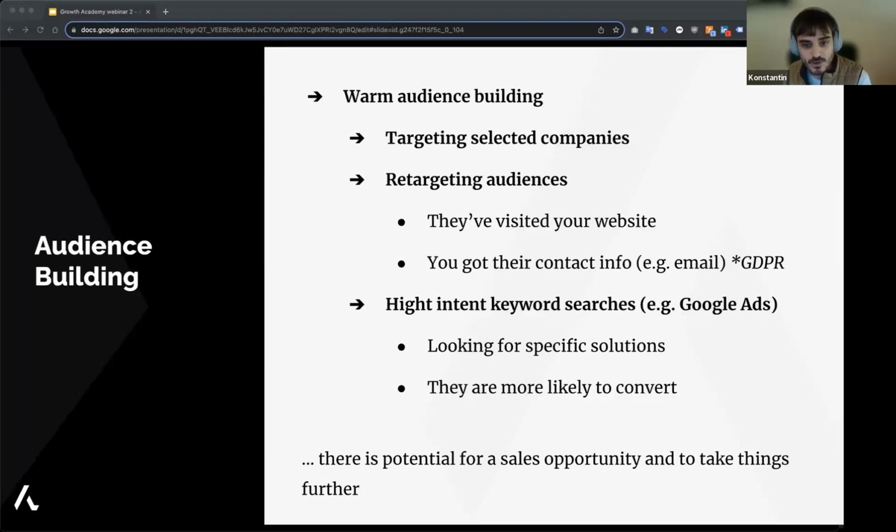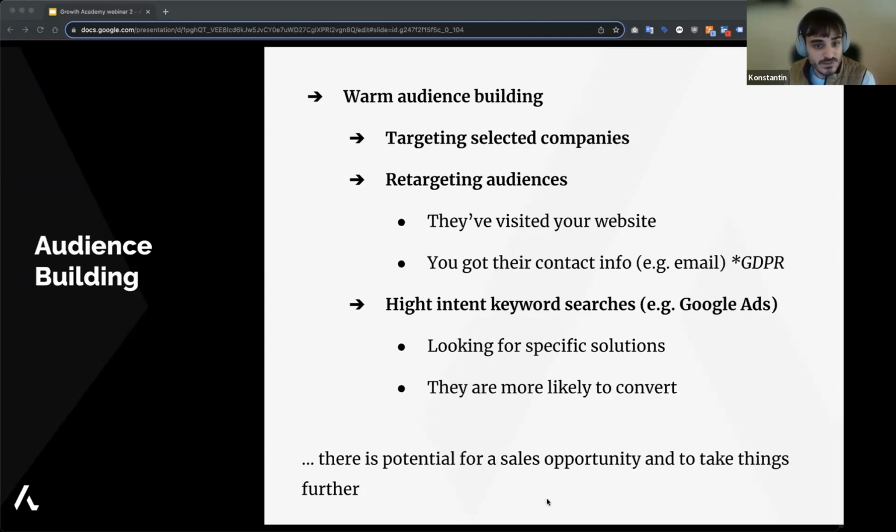So they've heard about you, they were at an event, and you know which companies were at that event, and you can put those companies in your targeting list, which makes it more powerful. They've heard about you, they know about you, and there's potential for a sales opportunity, and you take things further by taking their information and having them as a lead.